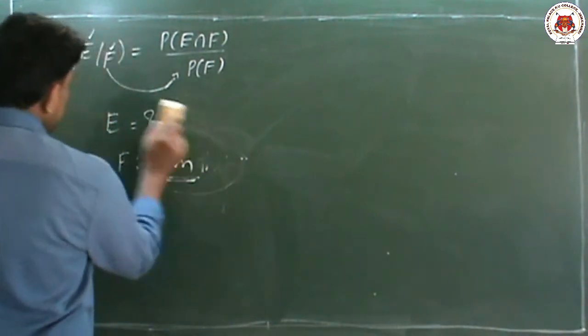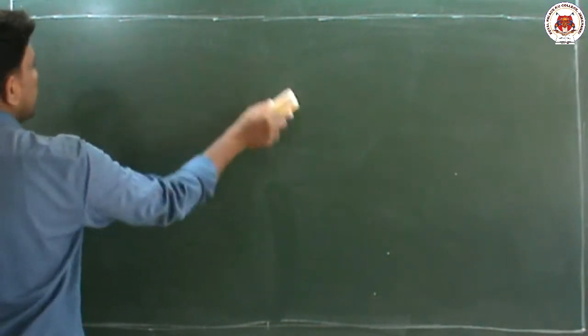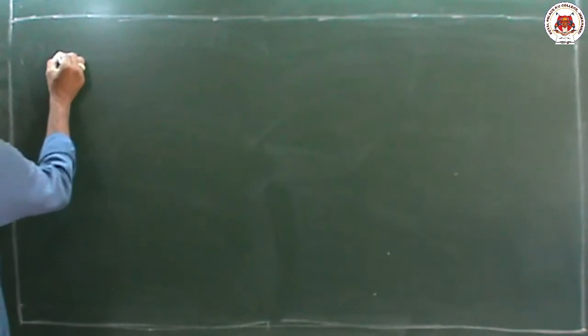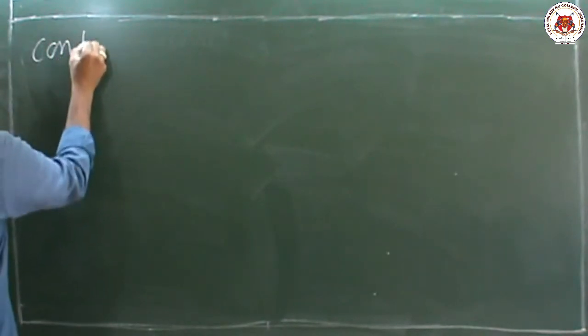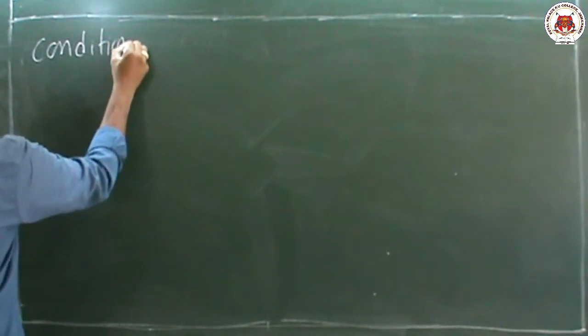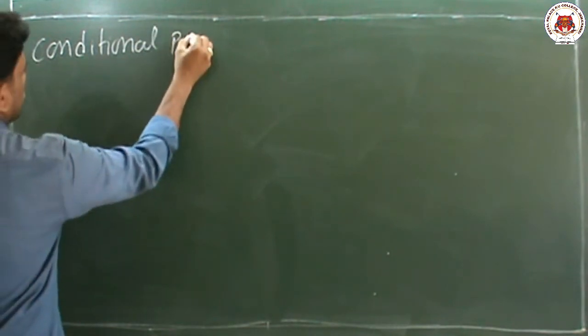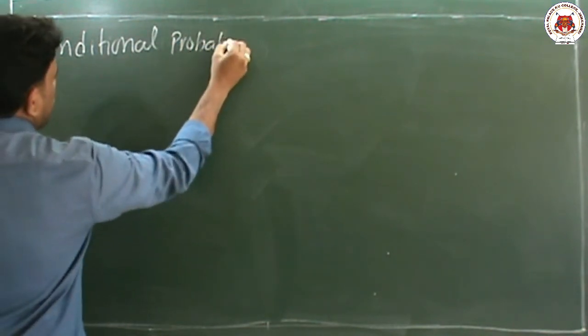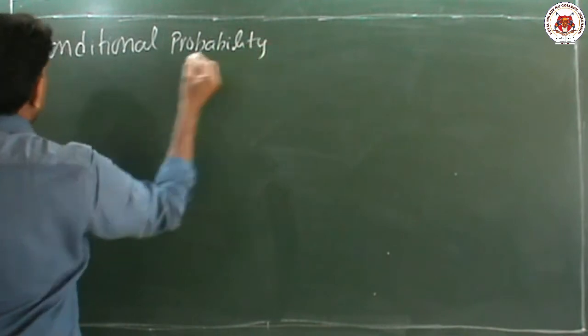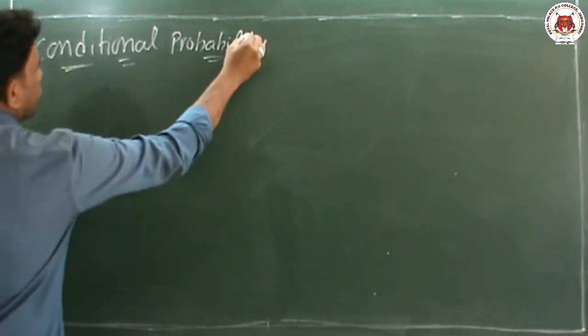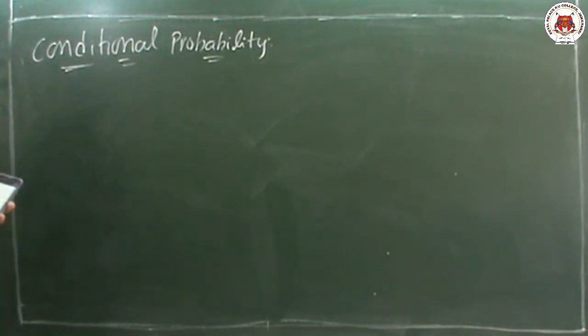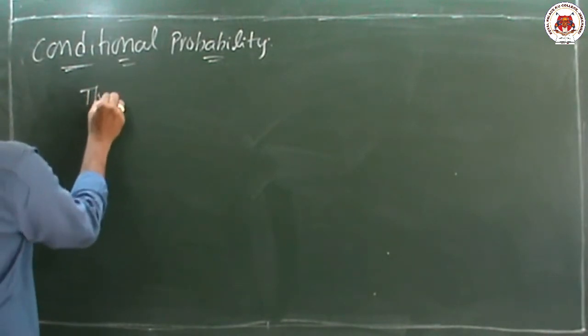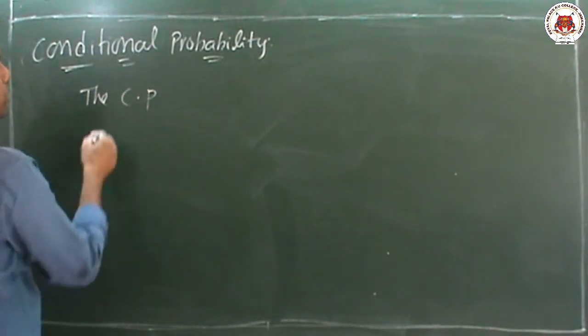That means I am going to explain this conditional probability. What is the definition of a conditional probability? I am writing CP as the short form.